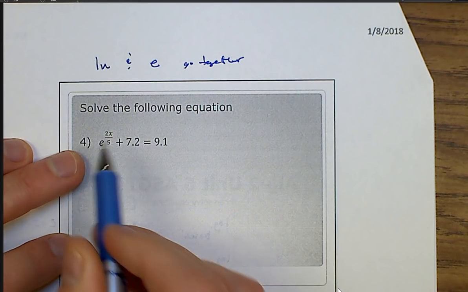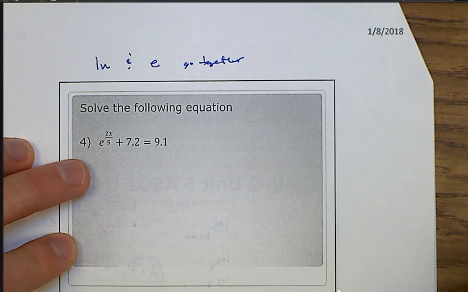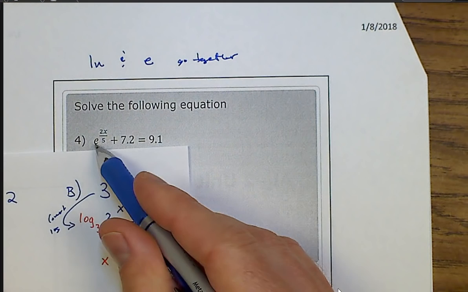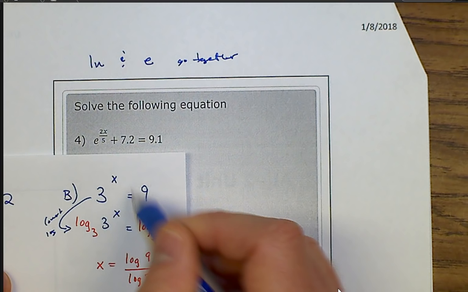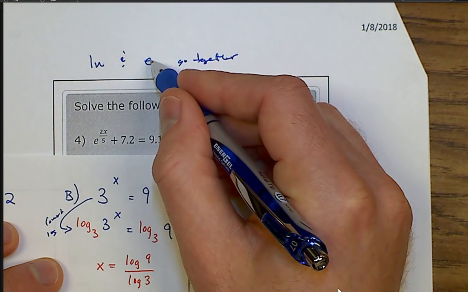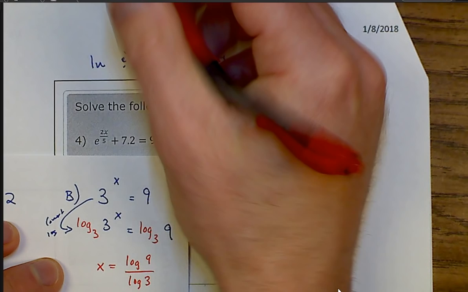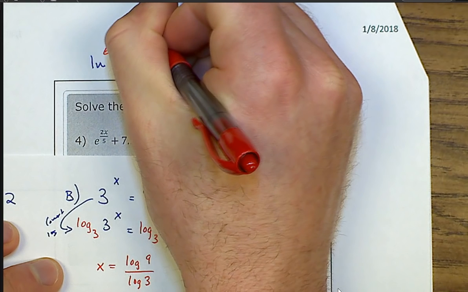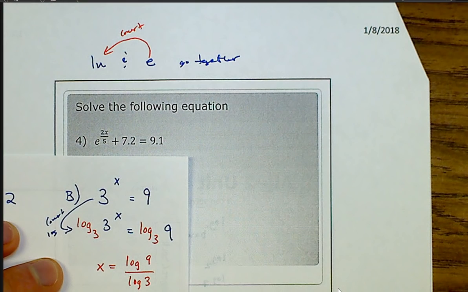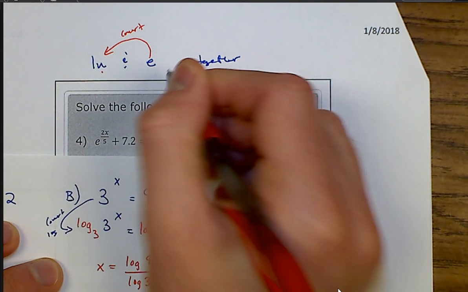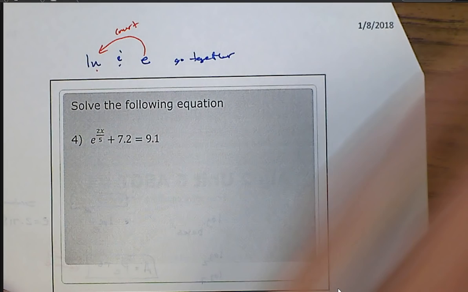If you look at problem B, if you think of e as a number, it's really just like problem B. So if you have something given to you in e, what are you going to use to solve? You're going to use natural logs. You're going to convert that into a natural logarithm. And if you're given something in natural log, you're going to convert into exponential form. I'll show you how this works in a second.